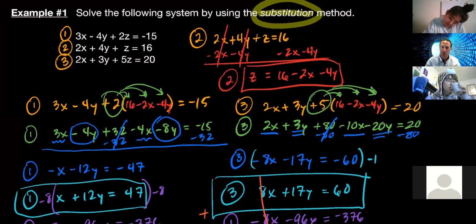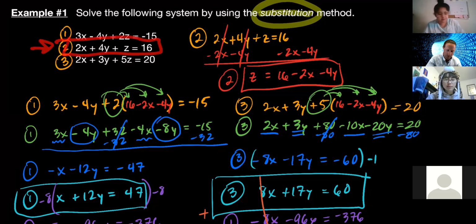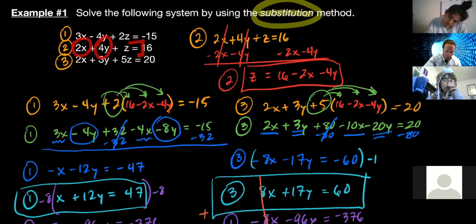What are we trying to solve for? Z. And which one of those equations, 1, 2, or 3, and that's why I name them, just so we can say it easier, would be the best to solve for z? 2. That's right. We're definitely going to take that one, plug in the x and the y that we found, so we have our one equation with one unknown, and we'll be able to solve for that.